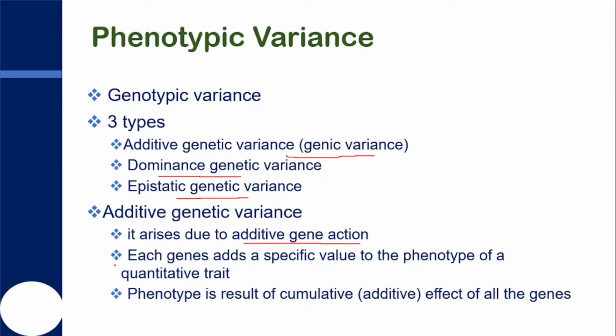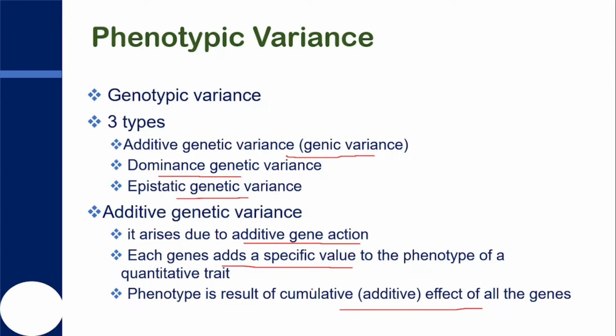As you know, quantitative traits are controlled by a large number of genes, so each gene adds a specific value to the phenotype of a quantitative trait, and the resultant phenotype is the cumulative or additive effect of all of these genes. This type of effect, in which all of the genes add a specific value to the phenotype, is known as additive genetic effect, and this effect might be positive or negative.